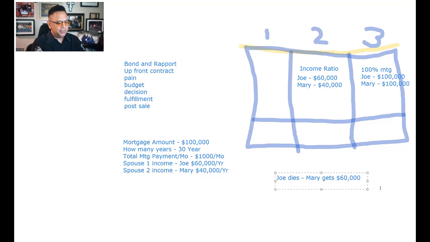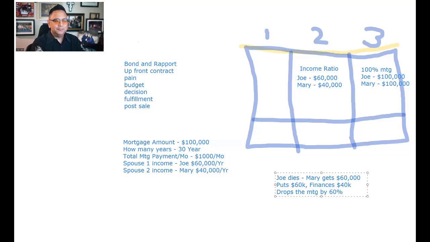If she puts a $60,000 down payment, then she finances 40,000, right? So in essence, she drops the mortgage owed by 60%.